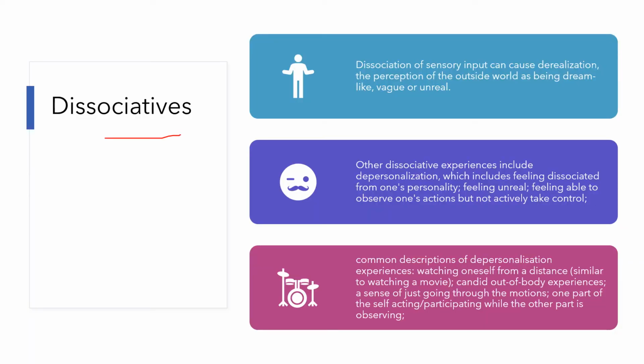So dissociation of sensory input can cause derealization. If the person is dissociated from the sensory portion, then they can feel as if, the perception is derealization, the perception of the outside world as being dreamlike, vague, and unreal.